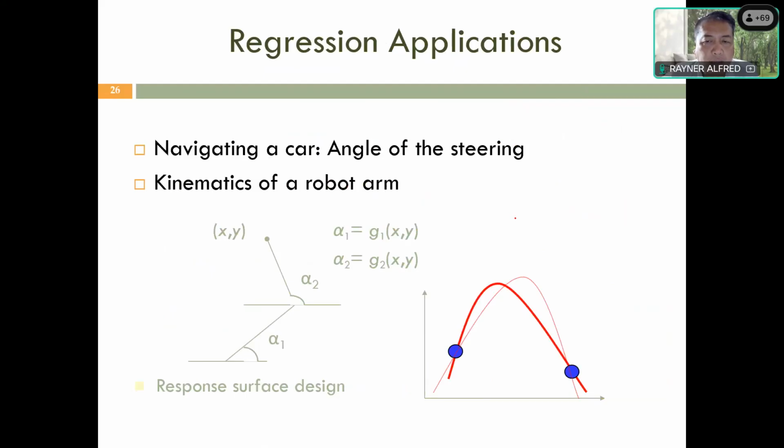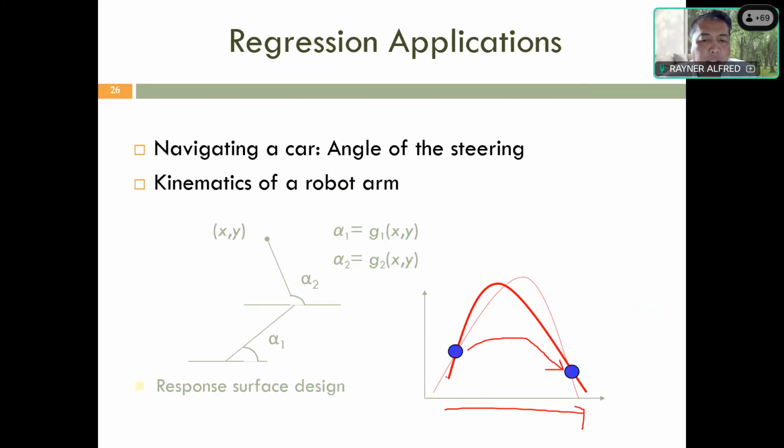This is another example, in which they try to predict the position of this object when we have different x.